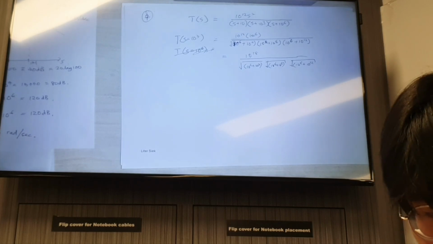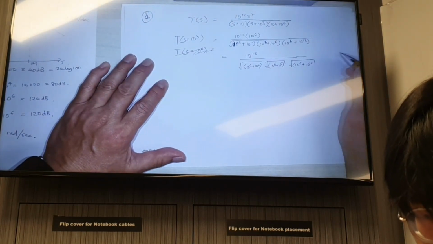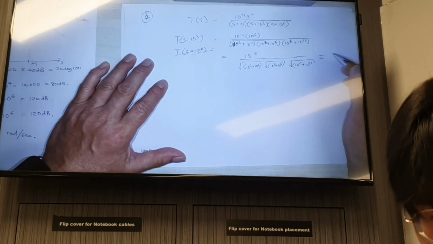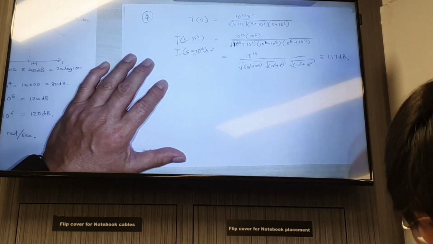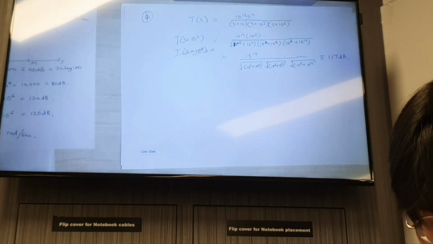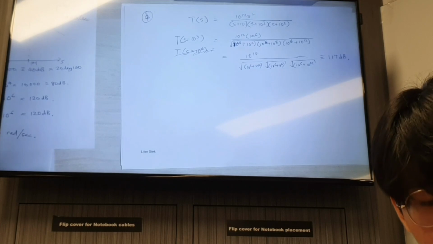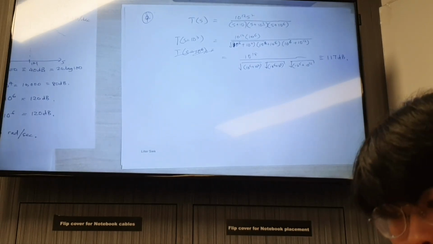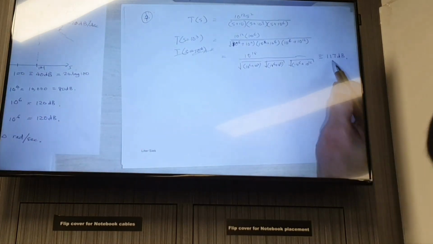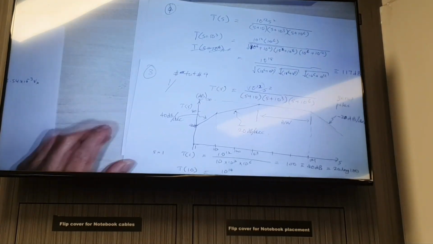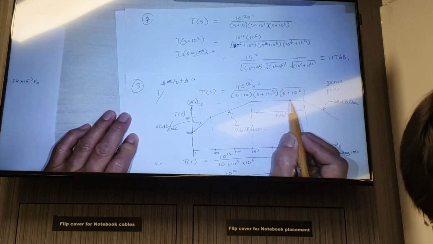You calculate all this, and then you 20 log it, and you'll find that it is approximately 117 dB, which is 3 dB below the 120 dB here.